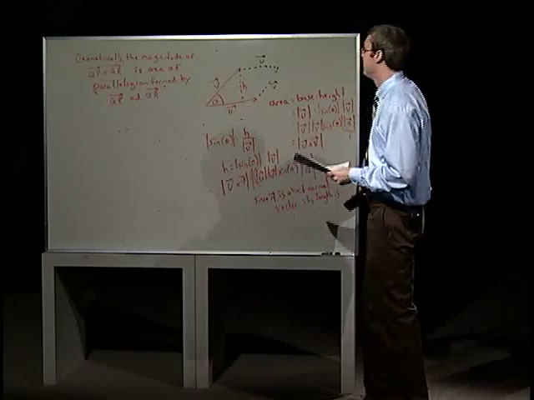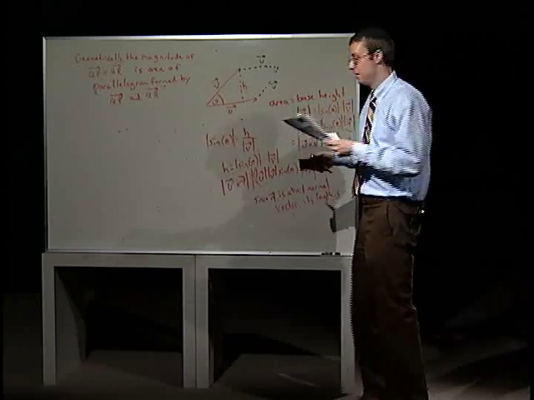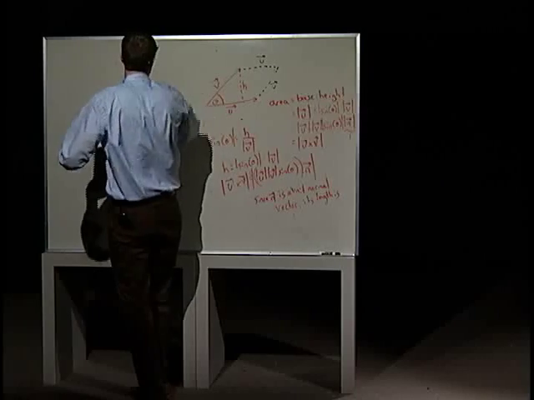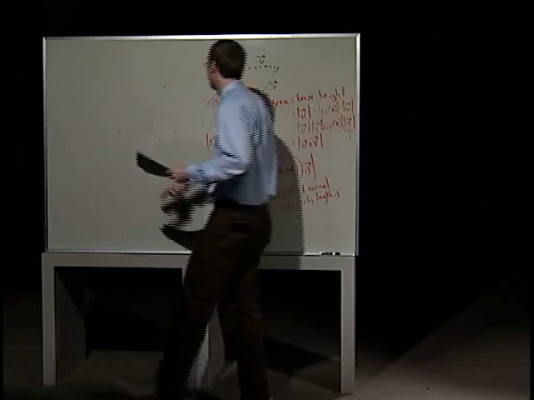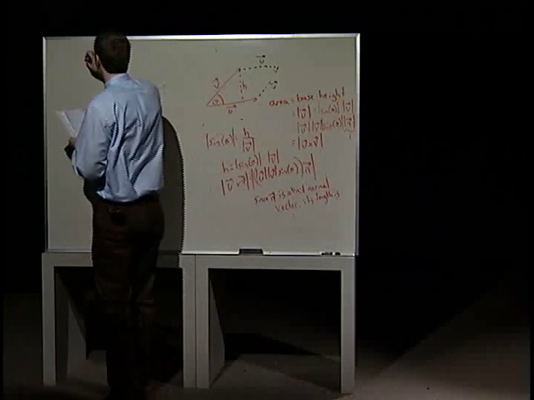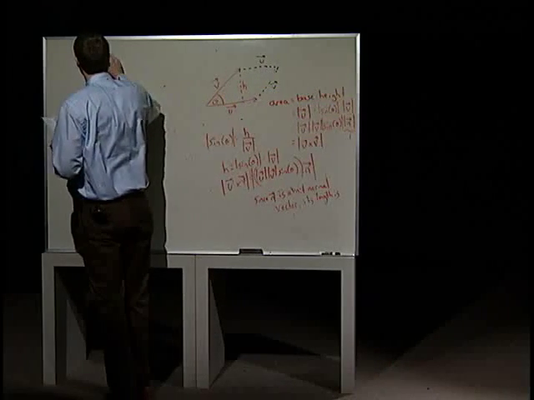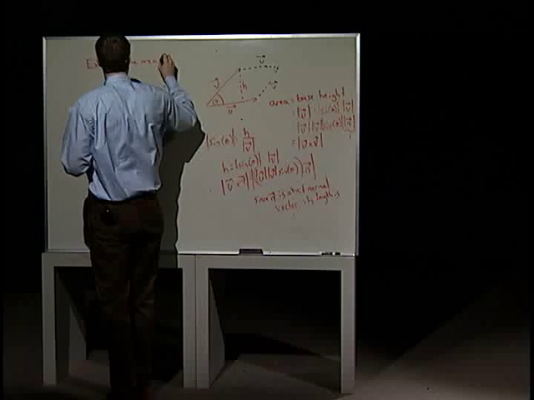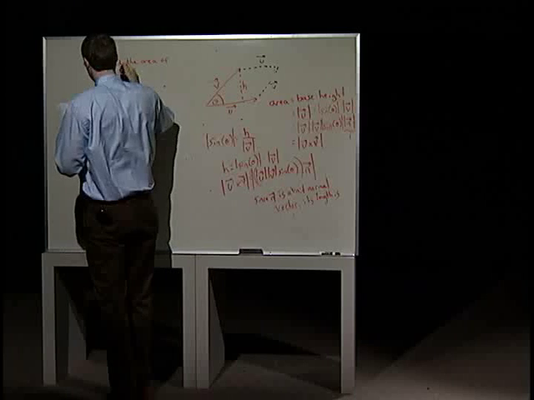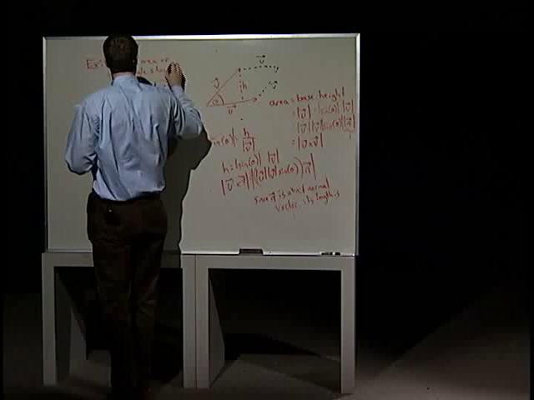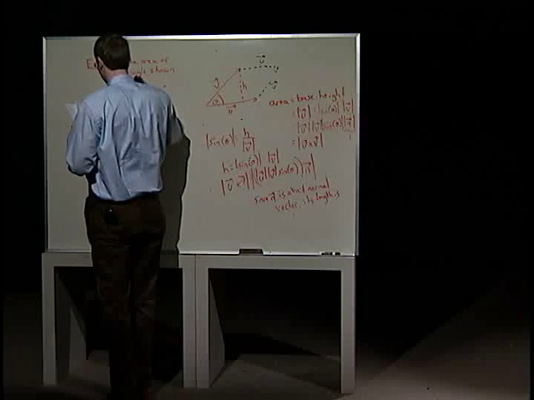Well, we can find areas of triangles very easily this way. So let's look at an example. So I kind of switched over there from talking about QP and QR to general u and v. That's fine. Let's go back to QP and QR for a minute. So let's find the area of the triangle shown below.